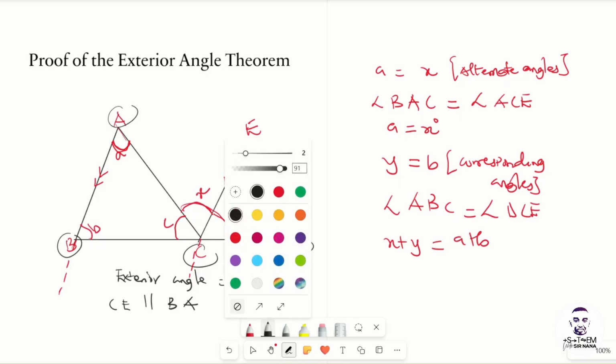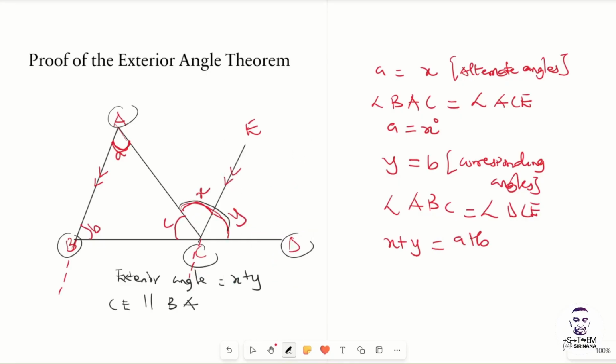Let me use the pencil here. So the exterior angle here, which is X plus Y, based on what we've looked at, we've seen that X is equal to A because they are alternate, and then Y is equal to B. So X plus Y, which is the exterior angle here, is equal to A plus B, which is the interior angles there. Hence, we can say that we have proved that, right?